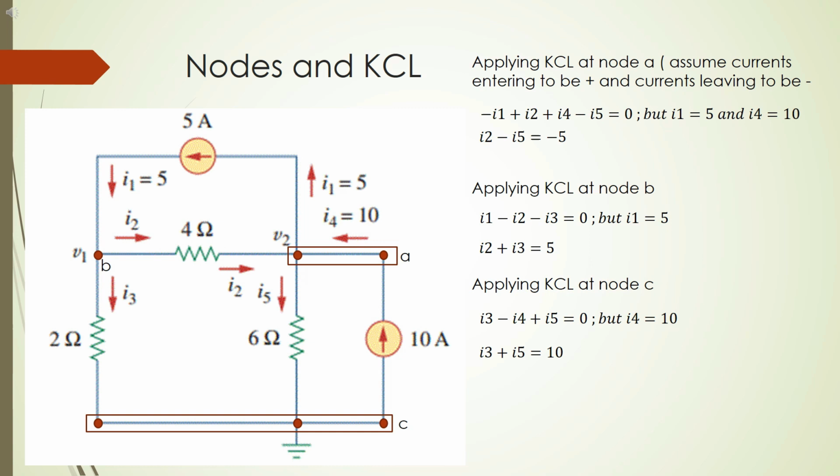We will first do KCL in node A, assuming currents entering to be positive and currents leaving to be negative. By applying KCL to node A we obtain I2 minus I5 to be equal to -5, and applying KCL at node B we obtain I2 plus I3 to be equal to 5, and by applying KCL to node C we obtain I3 plus I5 to be equal to 10.